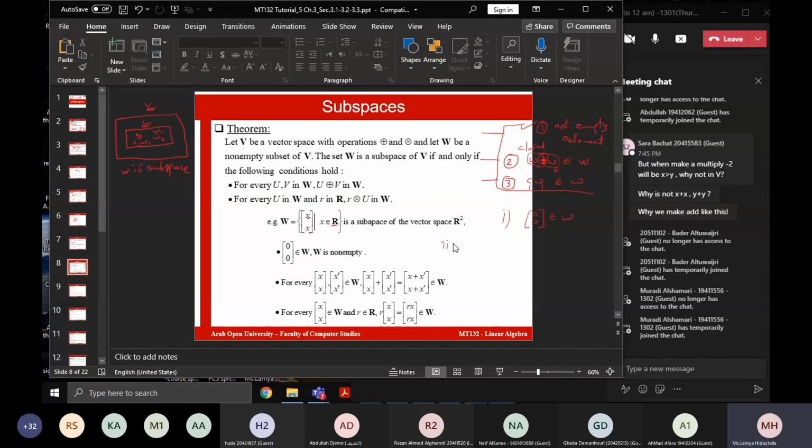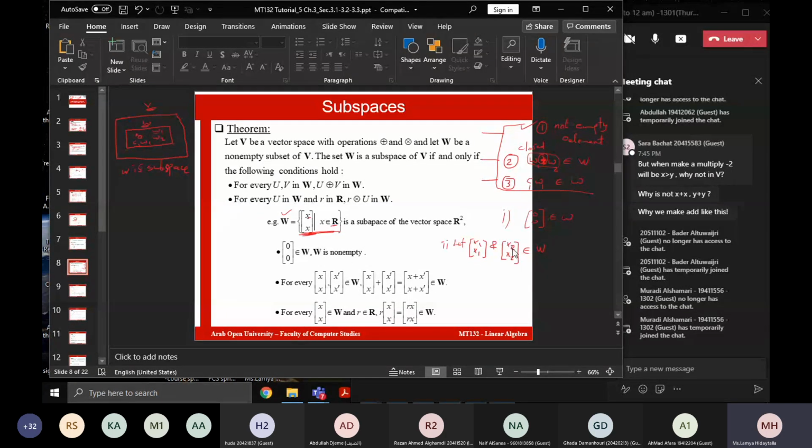I will take any vectors from this space W. For instance, let me say (x1, x1) and (x2, x2), they both belong to W. Right? We take them because this is how W is defined.